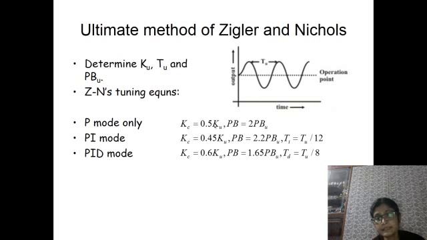That is, the ultimate gain is Ku, the ultimate band is Pbu, and the ultimate time period is Tu.